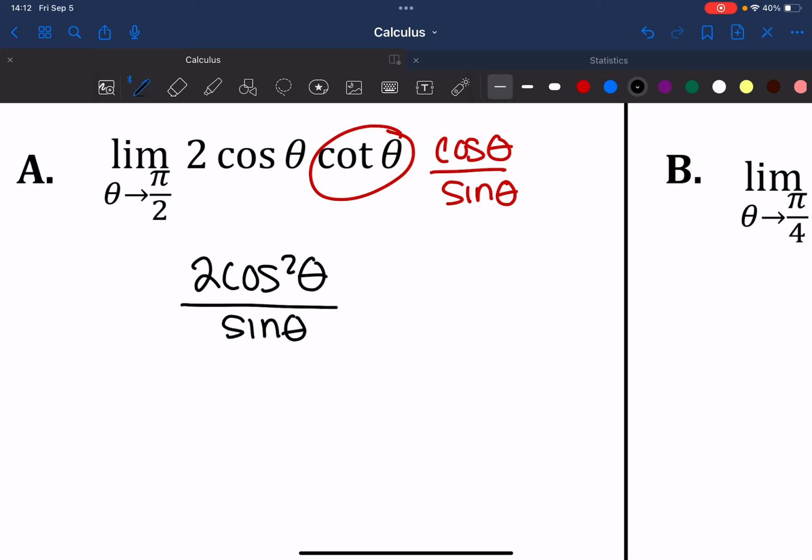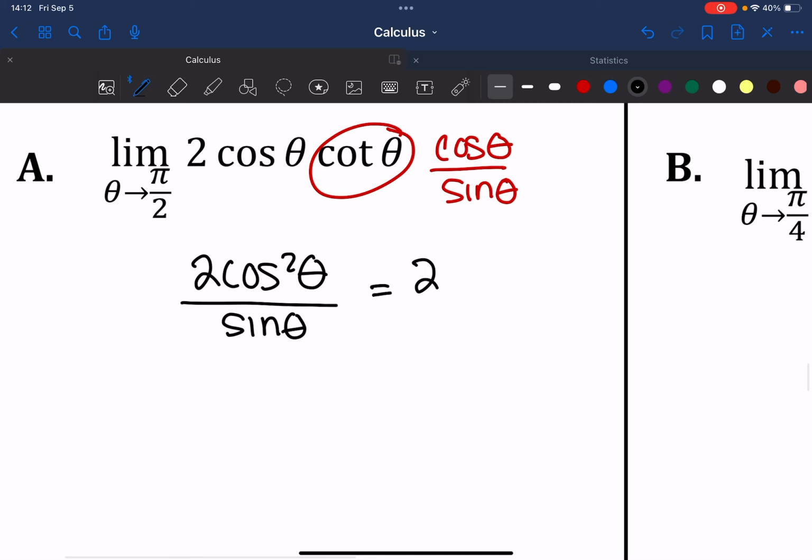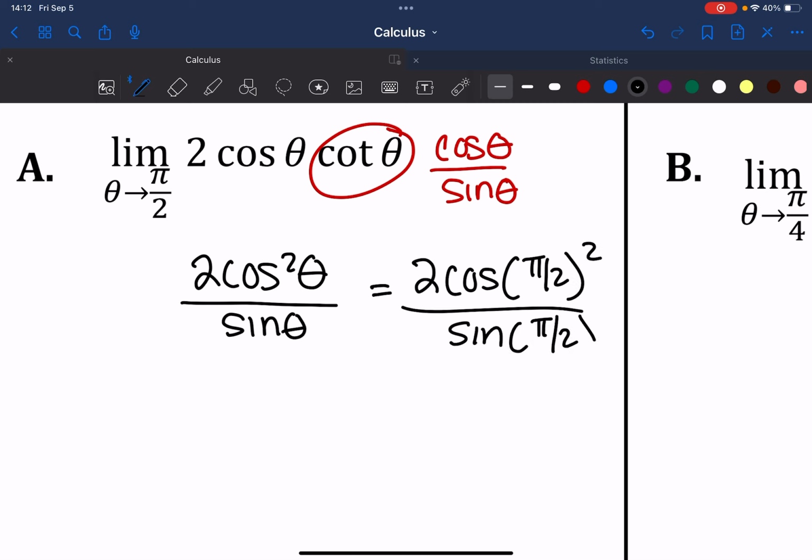And now if I try to plug in pi halves, I get 2 cosine pi halves squared over sine of pi halves. This gives me 2 times 0 squared over 1, which is 0. And that is okay. I'm allowed to have a limit that is equal to 0. I just don't want to have a limit that has divided by 0, which would leave me undefined.